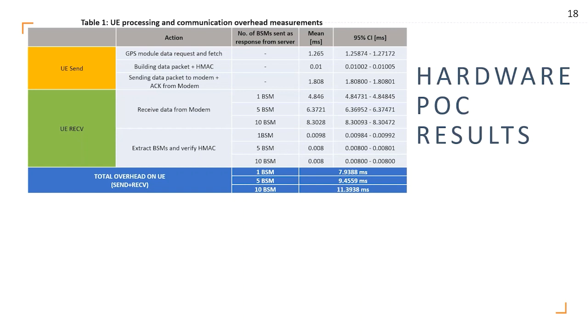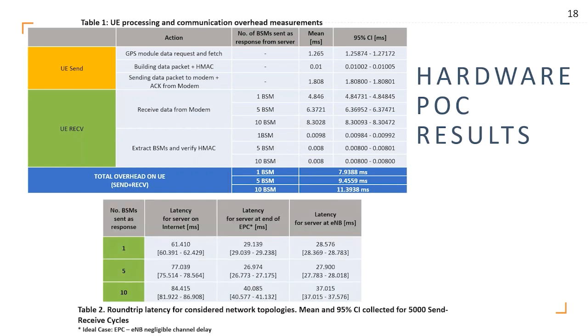Since each payload is about 120 bytes, for 10 BSMs we are over 1 kilobyte of data. And as seen, the total overhead considering the worst case is about 11 milliseconds when 10 BSMs are received for every BSM sent. We do measure the overhead for GPS fetch separately in open skies as it is not feasible to obtain GPS signals within the lab setup.